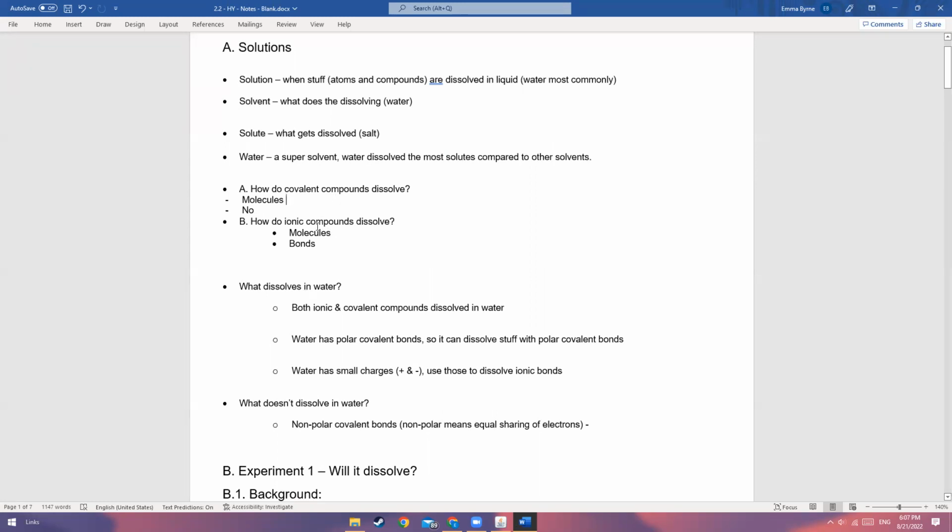So how do covalent compounds dissolve? When a covalent compound dissolves, the molecules will stay intact. If we have an example, sugar and water, the sugar molecules will stay intact.